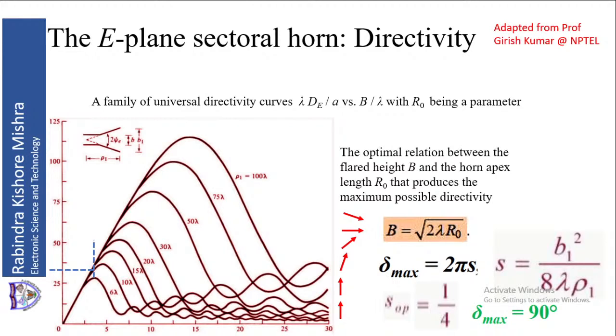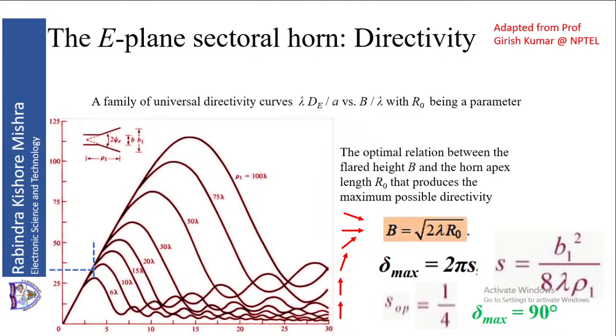Let us consider 100 lambda, and let us consider an antenna of 3 gigahertz. Lambda is 3 into 10 to the power 8 meter per second divided by 3 gigahertz, which is 3 into 10 to the power 9.